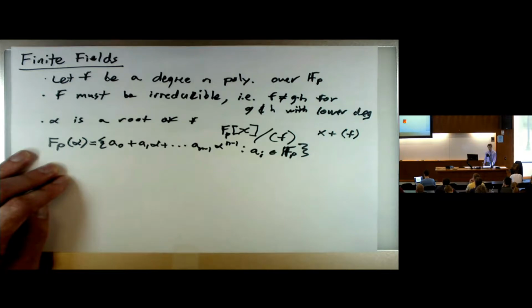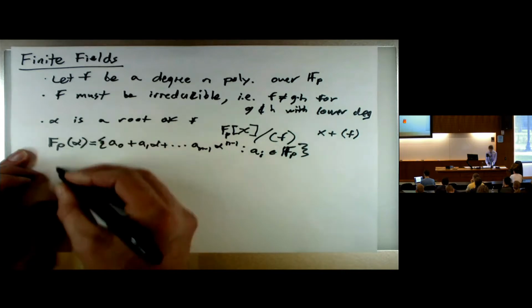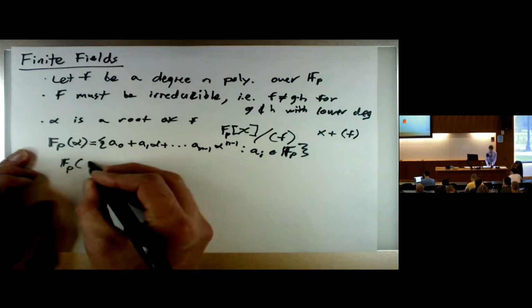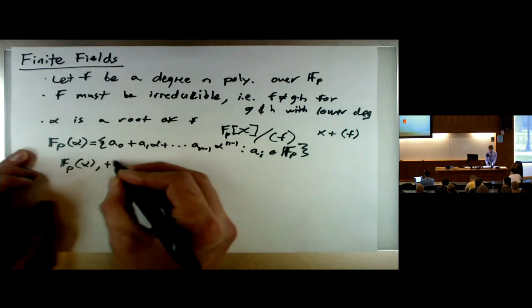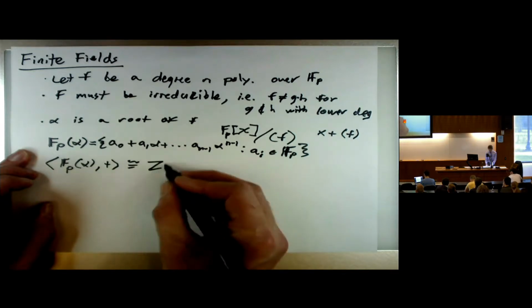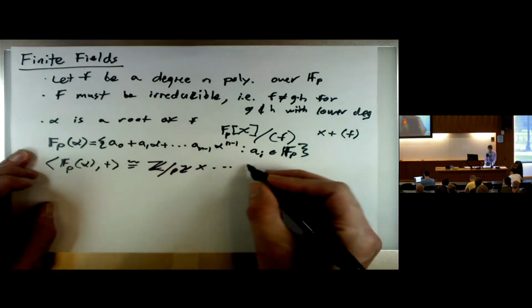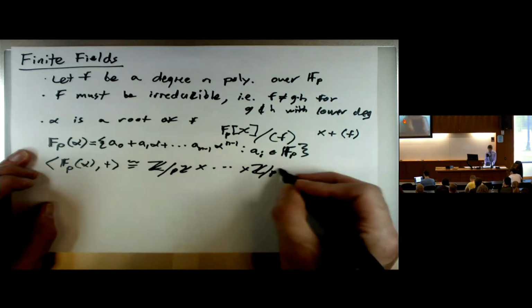And so that already tells you the structure of the additive group of this field. It's a vector space. The additive structure is isomorphic to n copies of Z mod pZ, of course, just from the vector space structure.